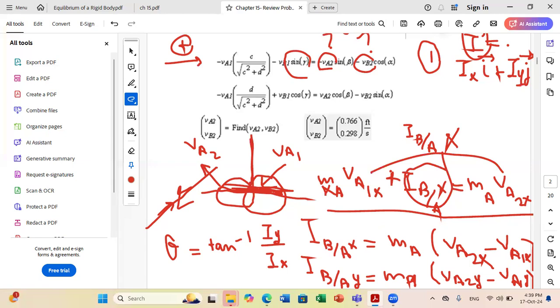And weights are non-impulsive forces. So along the perpendicular to the line of impact, you don't have any impulse. And if you don't have an impulse, this means that the velocity along this direction will remain the same.